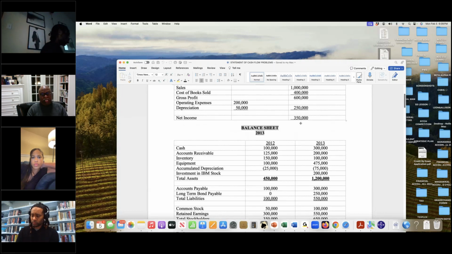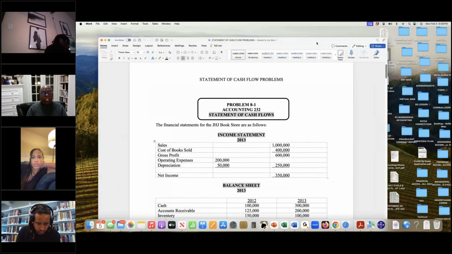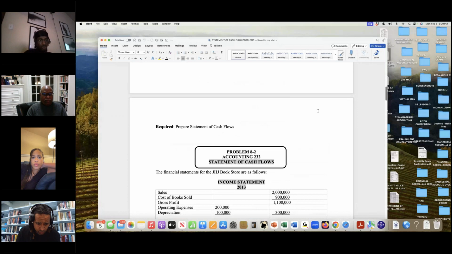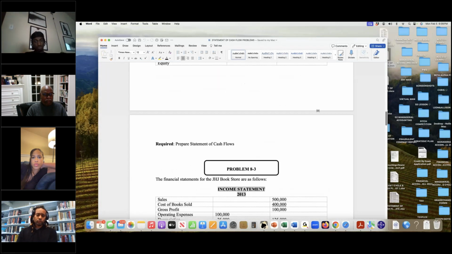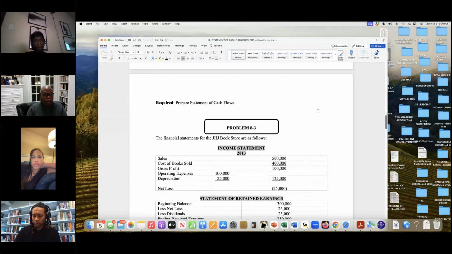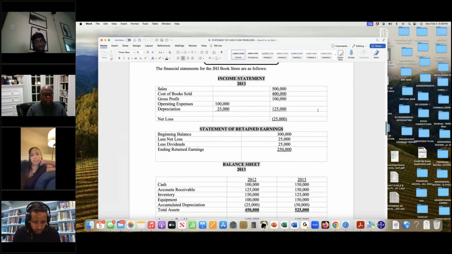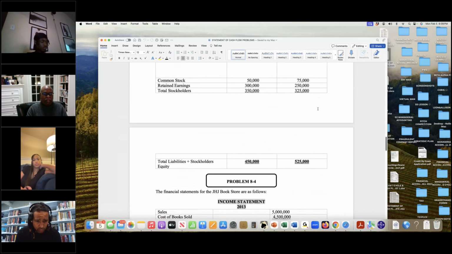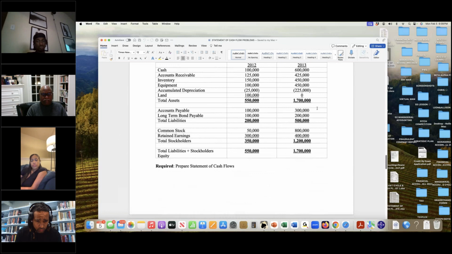So team leaders, you should begin to assign these problems now. And of course, the way these work, 1 and 2 are going to be your easier problems. 3 is fairly easy also. 4, 5, and 6 are going to be a little more difficult.